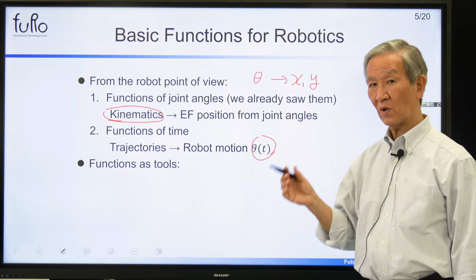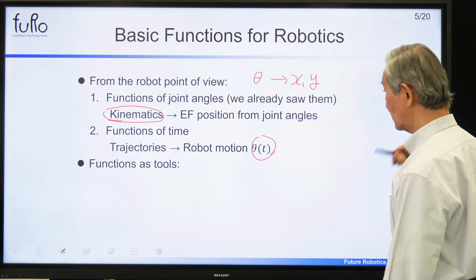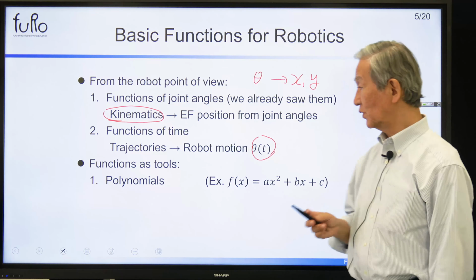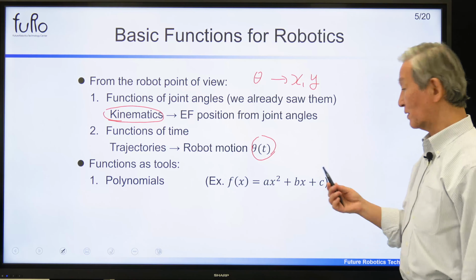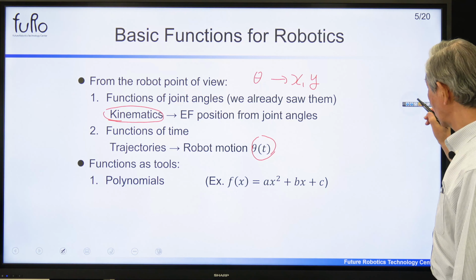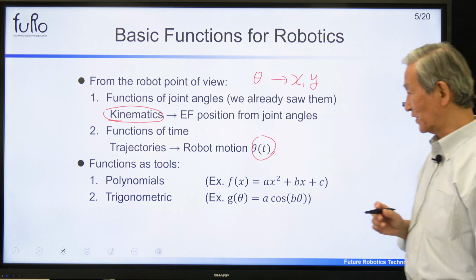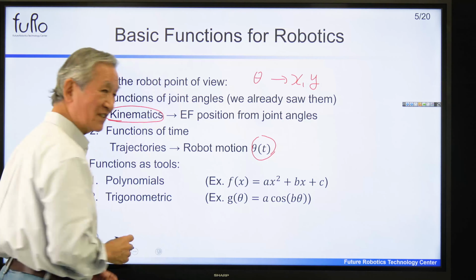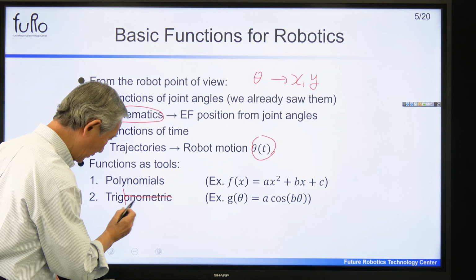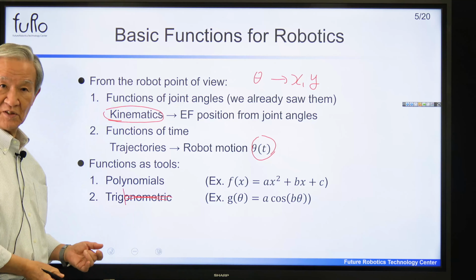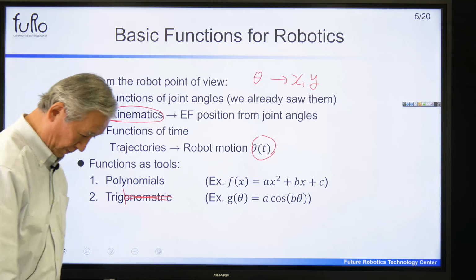And for the actual form of the functions, we use these tools. I call them tools. Polynomials, you know this already. And trigonometric, wow. Can you pronounce this? That's too much. So I will get rid of this and I'll just call it trig.